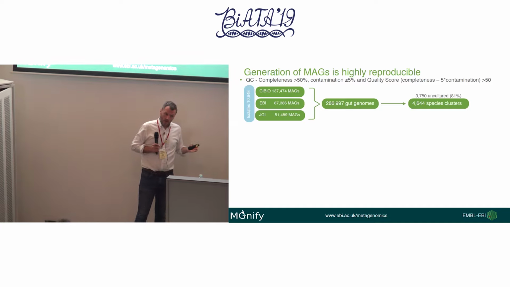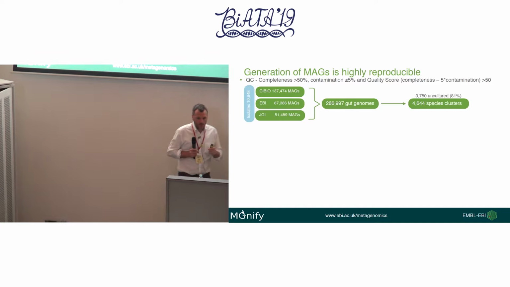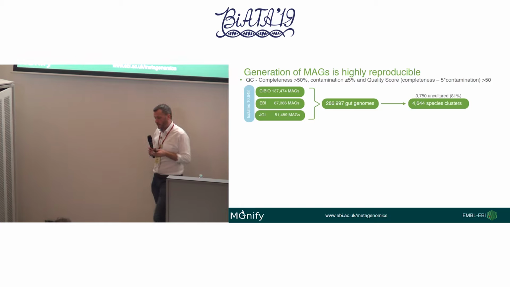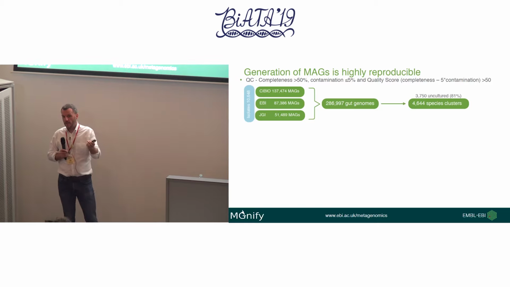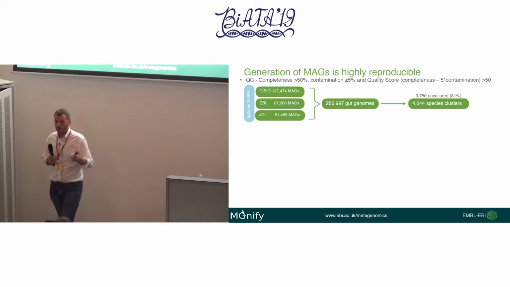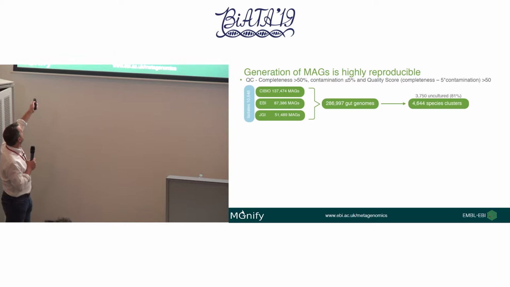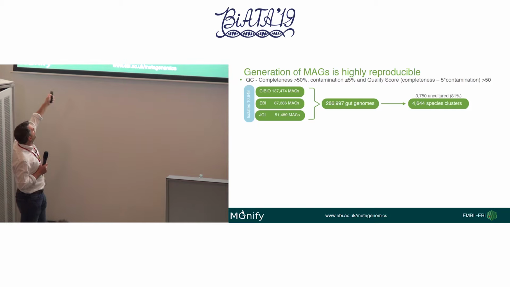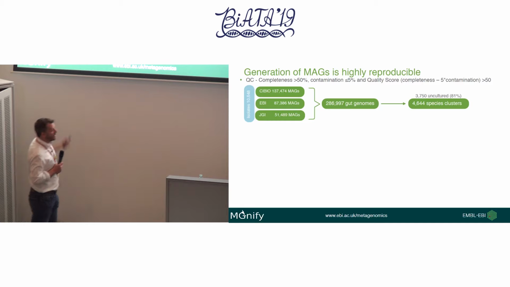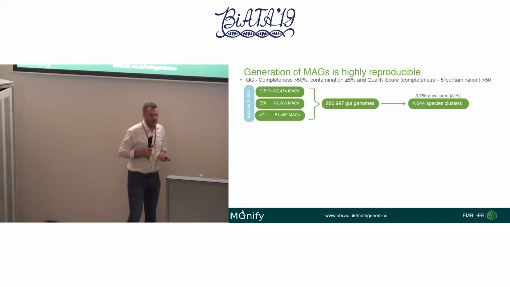So what we've done, through this work, is go to all of the different genome databases we could find. We've not only used RefSeq, we've gone to PATRIC and tried to identify any match at the species level. So here we can get a few more genomes out. There is redundancy within all of these sets, and if we take all of these together, that's nearly 300,000 gut genomes.